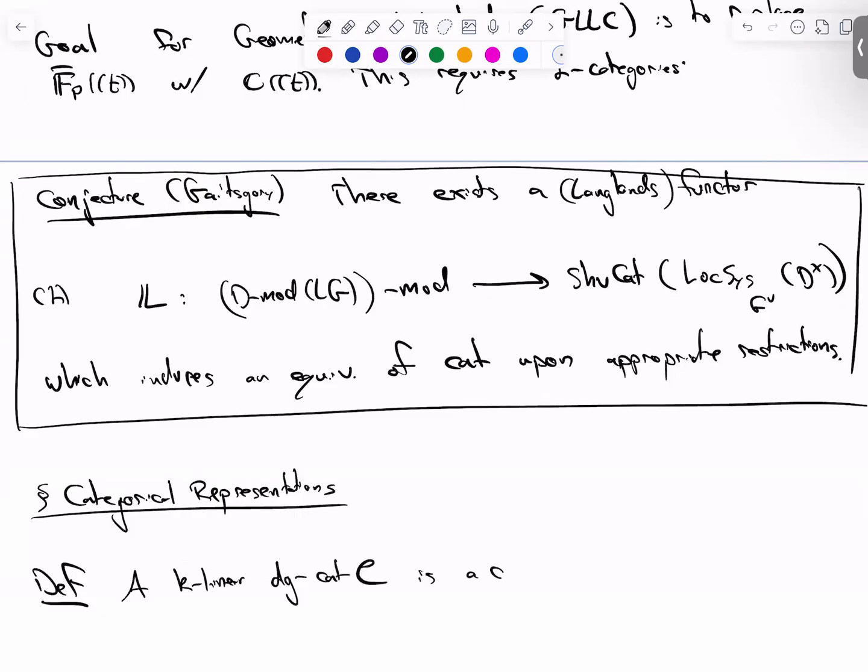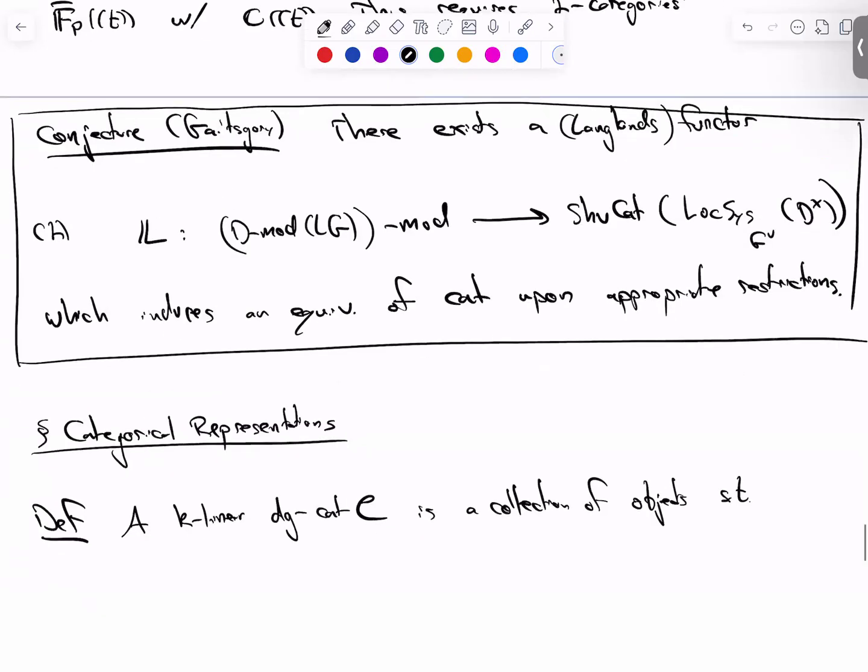It's a collection of objects such that for each pair, the Hom spaces form a chain complex which are Z-graded.